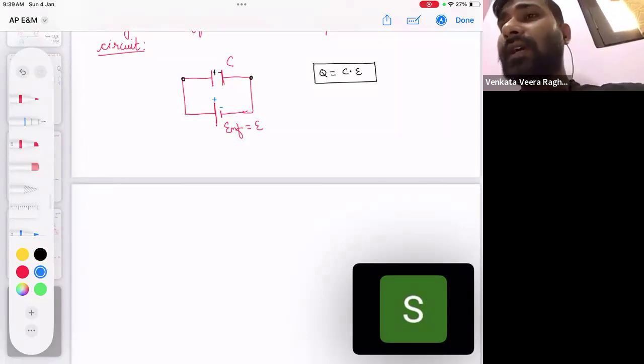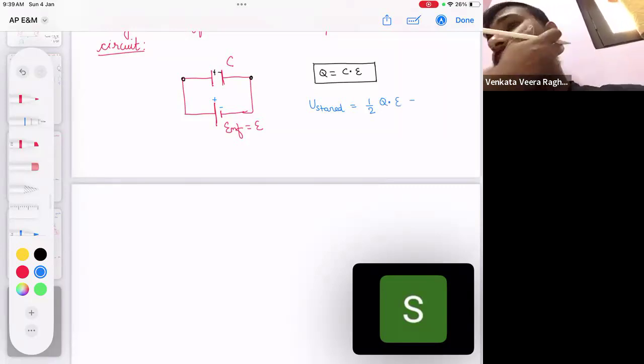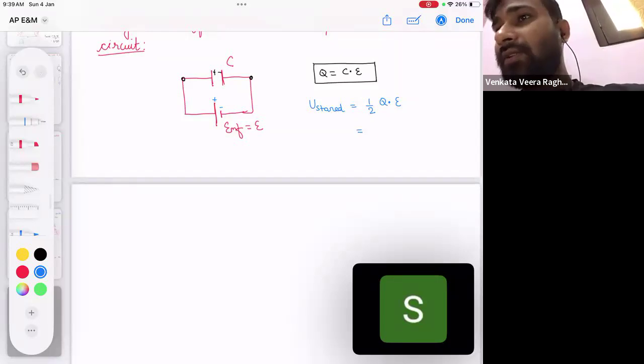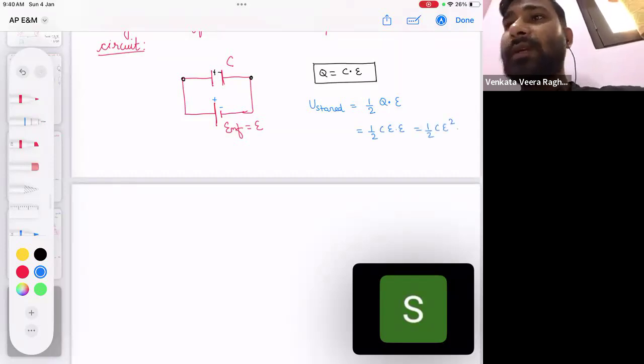Next, what is going to be the energy stored? What will be the energy stored in the capacitor? The energy stored in the capacitor is going to be half Q into E, we can write it. Or what else can we write? Q is equal to C into E also, so it becomes half C E square.